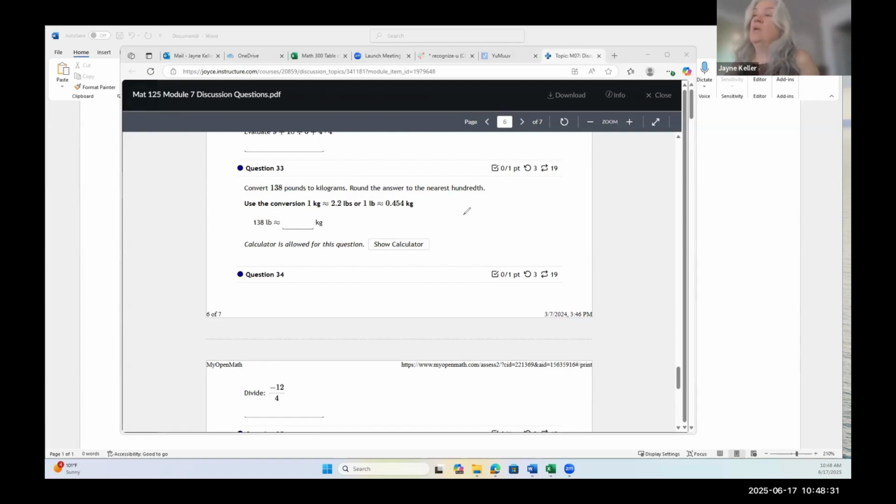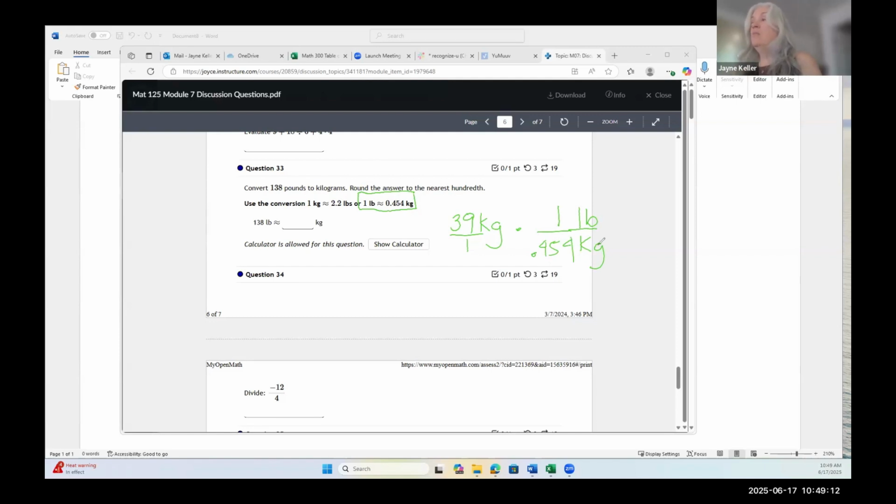Say I weigh something that weighs 39 kilograms. Okay, and I want to convert to pounds. So over 1. And then I'm going to multiply, and I want to have kilograms, the units I want to change out of in the denominator, and pounds, the units I want to change to in the numerator. And then I'm going to use this multiplier. 1 pound is 0.454 kilograms.